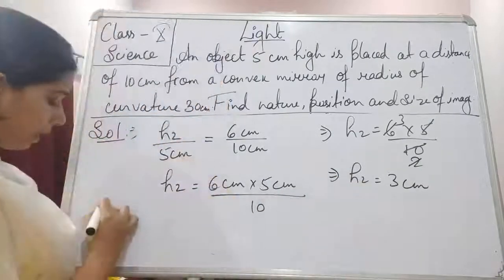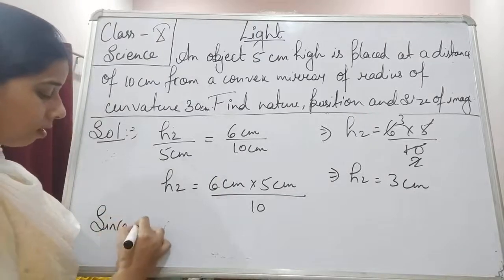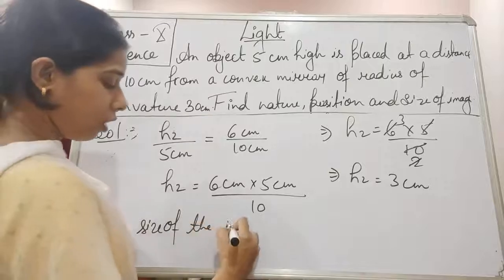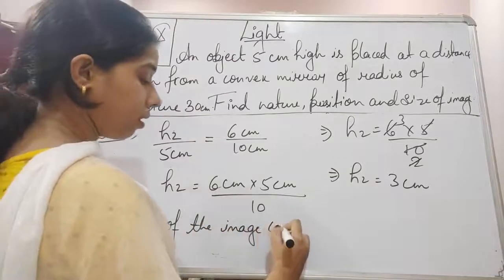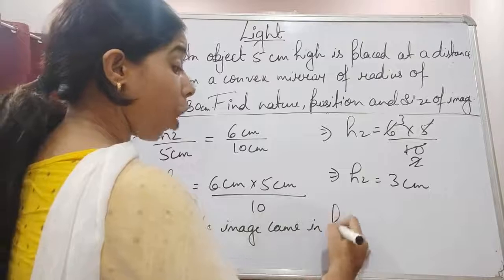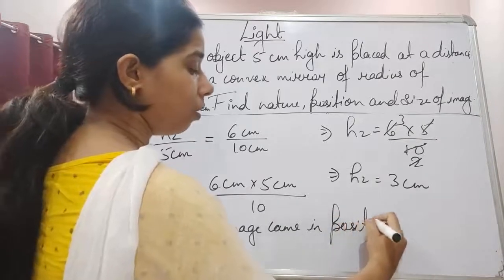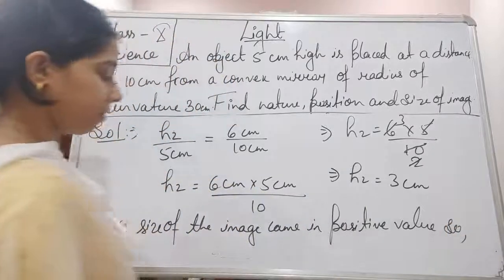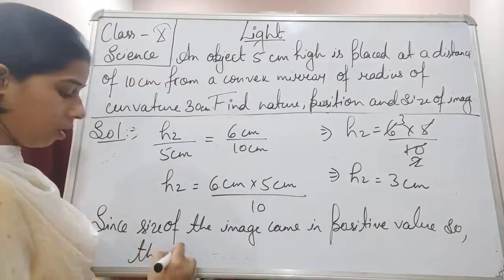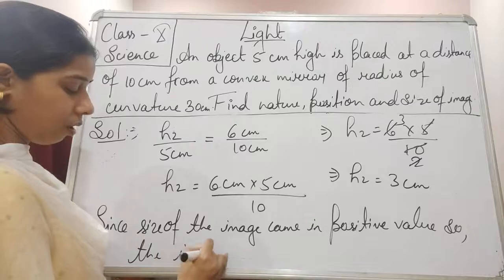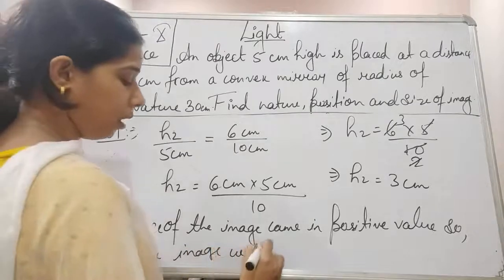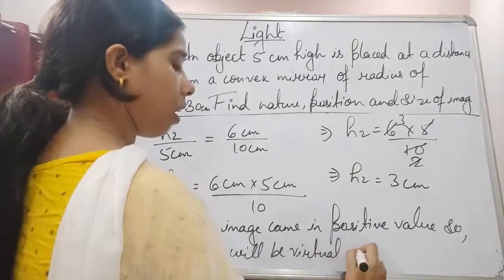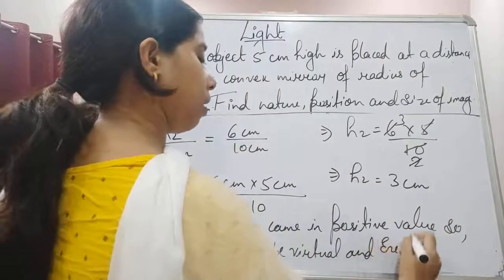So we can write here, since the size of the image came in positive value, the image will be virtual and erect.